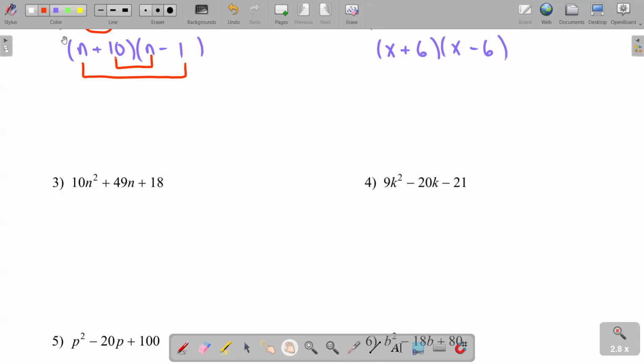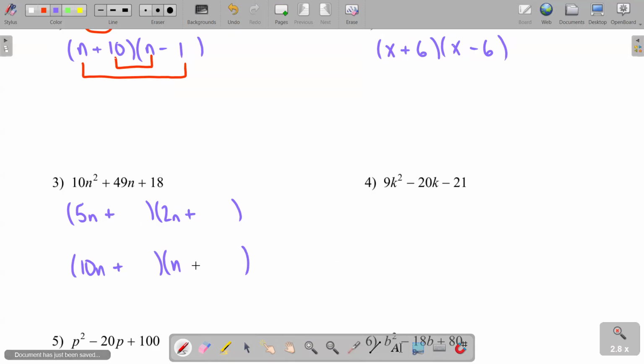So I'm gonna try two different sets. I'm gonna try maybe it's a 5n and a 2n, or maybe it's a 10n and a regular 1n. I know the signs are plus plus, and I feel I need to go big, right? The 49 is telling me I need to go big. So I want to put something of substance.